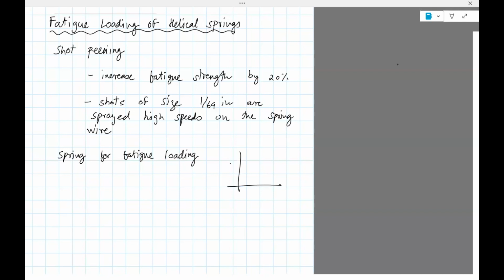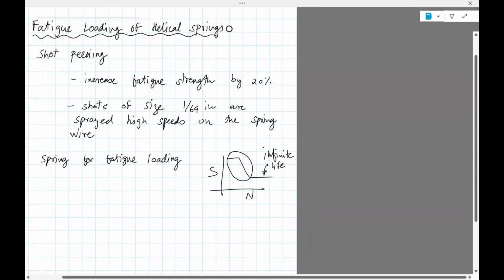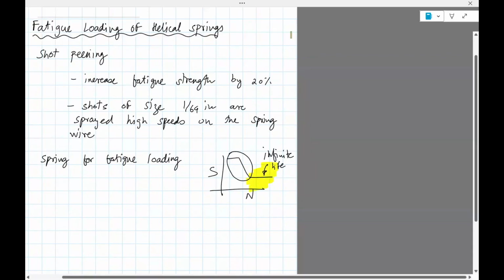Right? The SN curve was something like this. So this is the finite life, and this is the infinite life. And so we always design springs in this region.